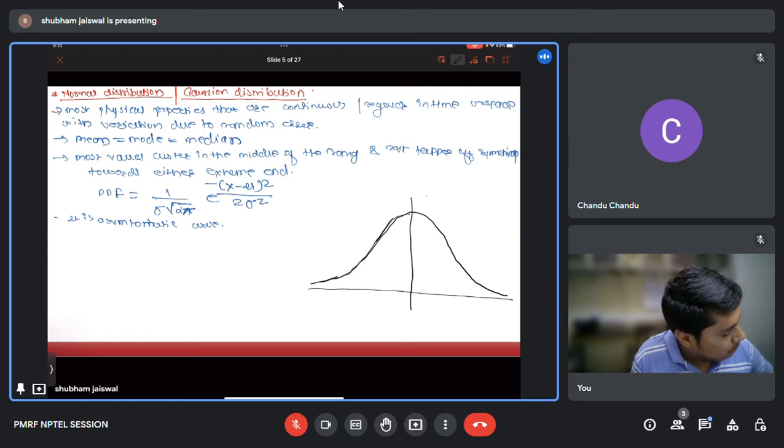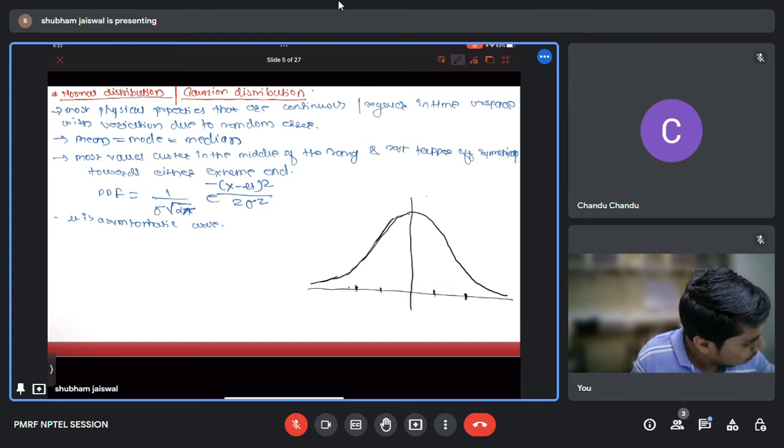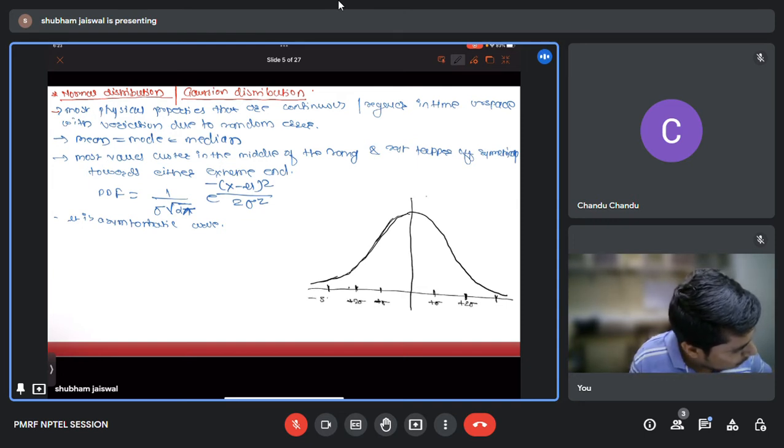So let me put minus sigma, plus sigma, minus 2 sigma, plus 2 sigma, minus 3 sigma, plus 3 sigma.